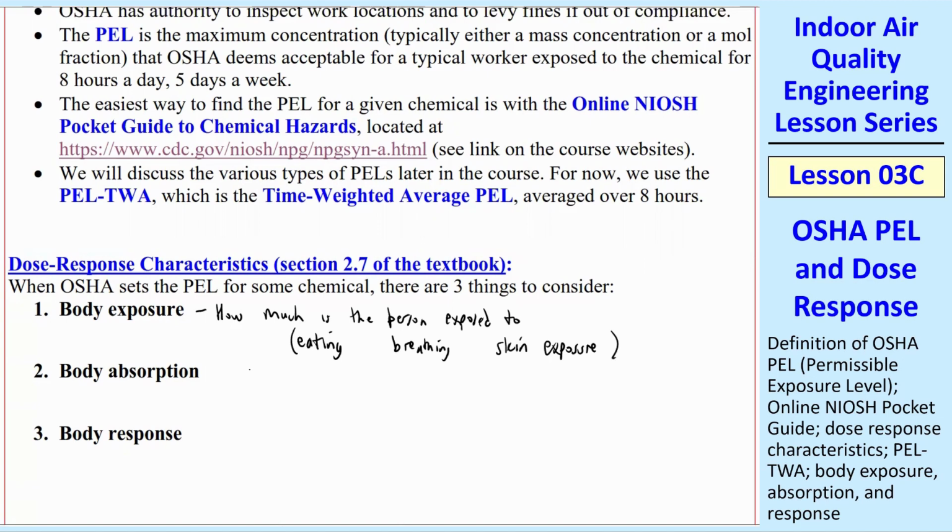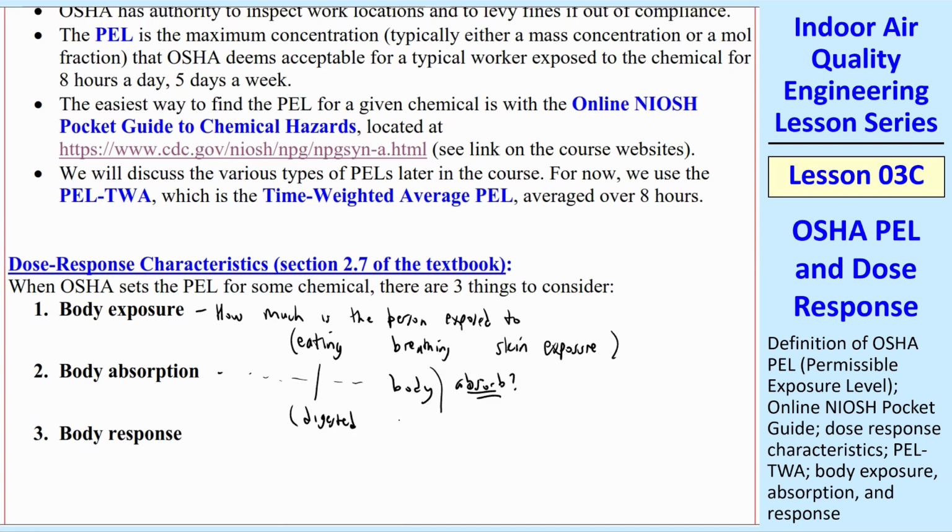Body absorption is how much the person's body actually absorbs. And when we say absorb, what does it mean? That it gets absorbed into the body and into the liver, maybe into the blood, etc. For eating, you might talk about how much of it gets digested rather than just going through your digestive system and coming out without being absorbed.